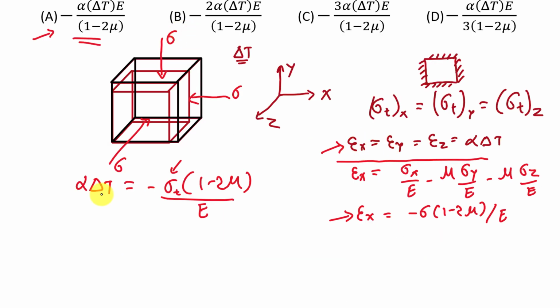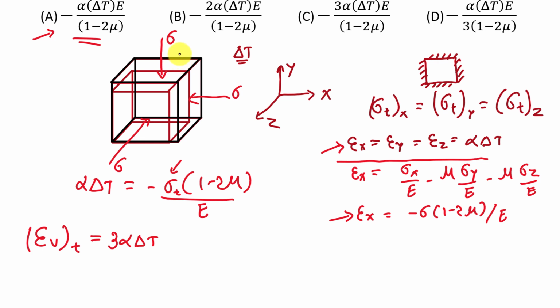From here we can find out epsilon V by change in temperature. It will be epsilon x plus epsilon y plus epsilon z, right? So ultimately it will be 3 alpha delta T. That is the value of volumetric strain by change in temperature delta T in this cube.